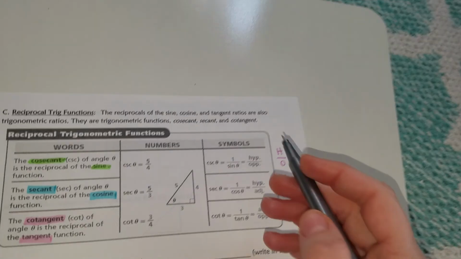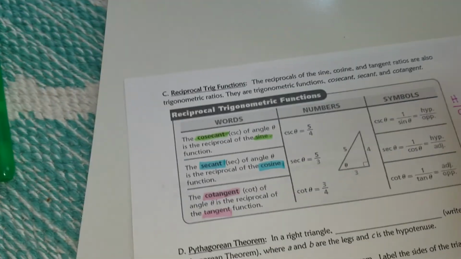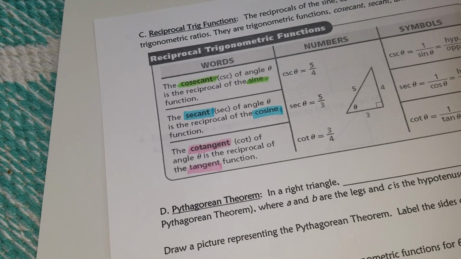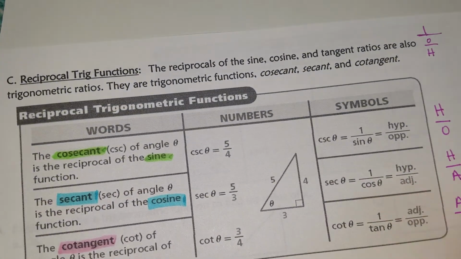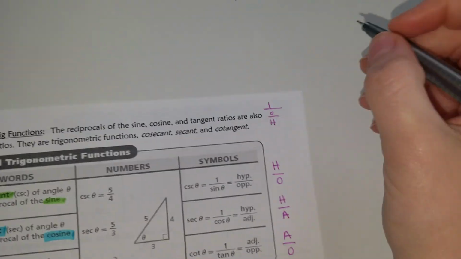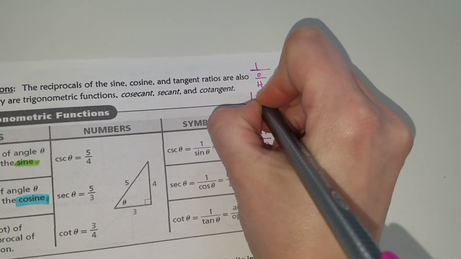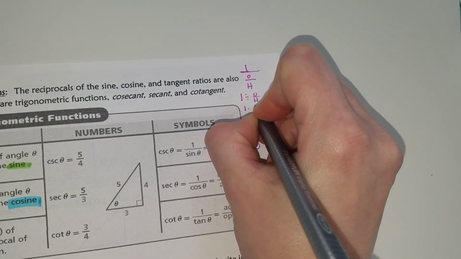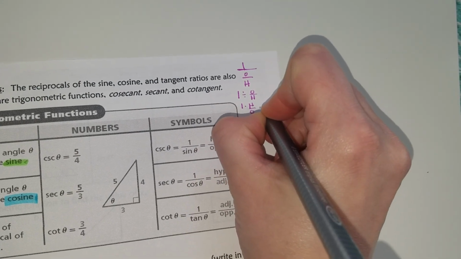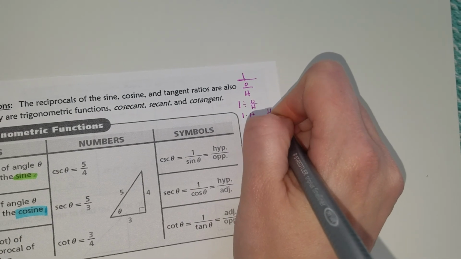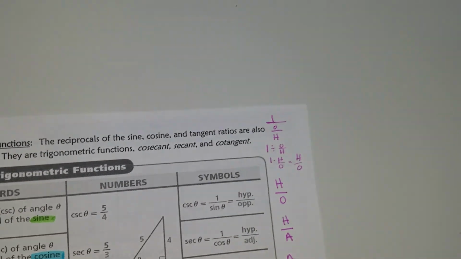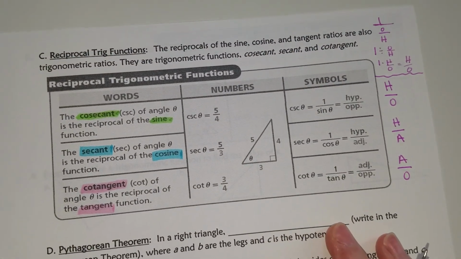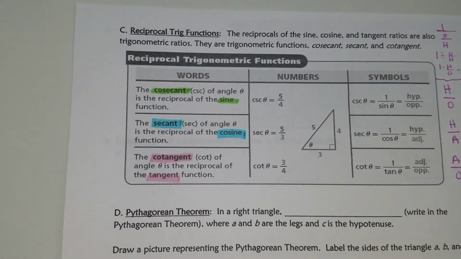If you think about this, if you have 1 over the sine, and sine is O over H, dividing is like multiplying by the reciprocal. 1 divided by a fraction would be like 1 times the reciprocal. 1 times anything is itself, and we have H over O. So that's just a little bit of reasoning on how those are similar.